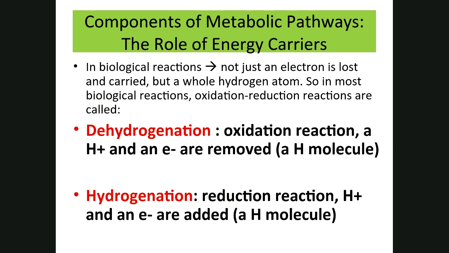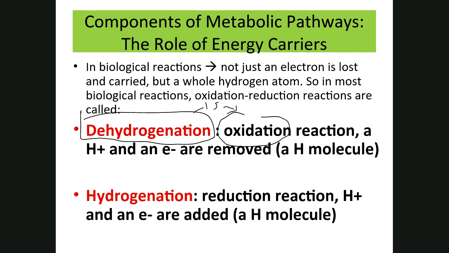So if you remove a hydrogen atom from a molecule, you're oxidizing the molecule. So dehydrogenation is oxidation in biology. This is how biological organisms oxidize: they remove hydrogens from molecules.